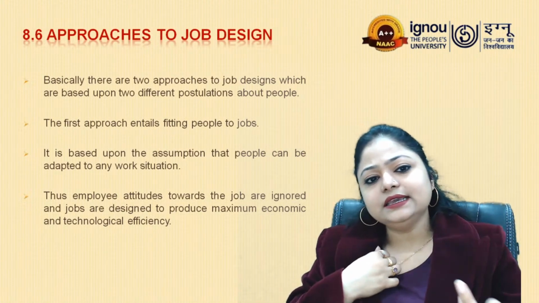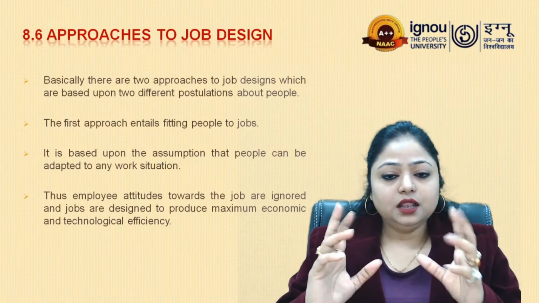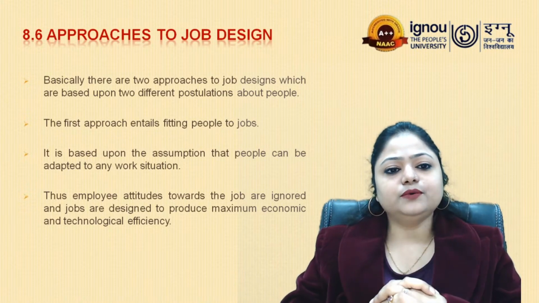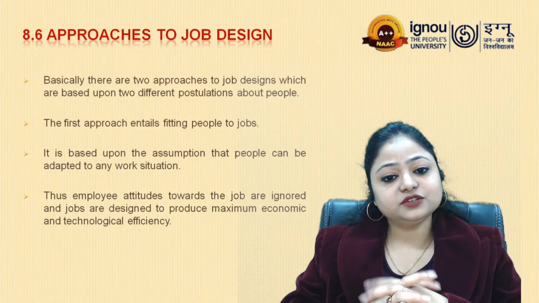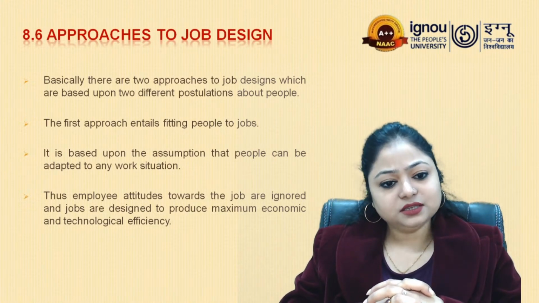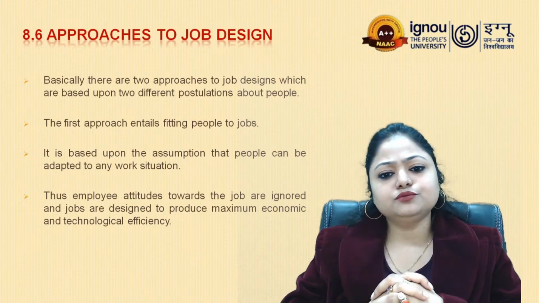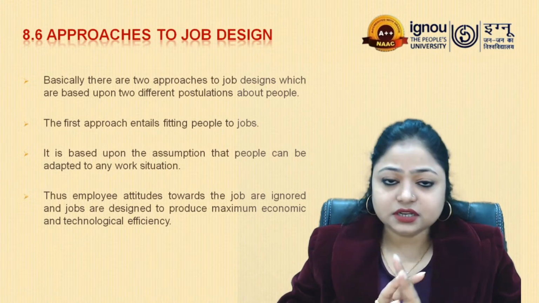So basically here we can see that there are two different popular job design approaches, and the first approach entails fitting people to job. It is based upon the assumption that people can be adapted to the work situation. Thus employee attitudes towards the job are ignored and jobs are designed to produce maximum economic results and technological efficiency.